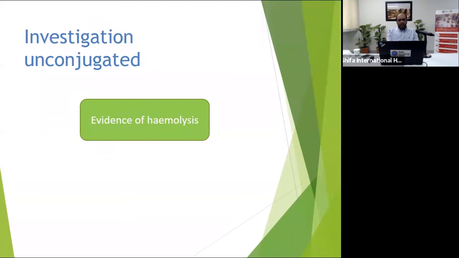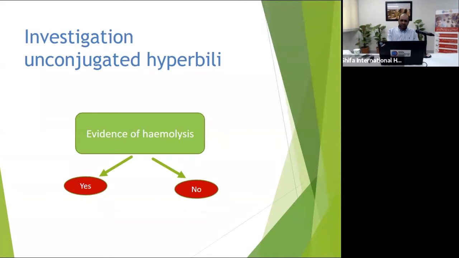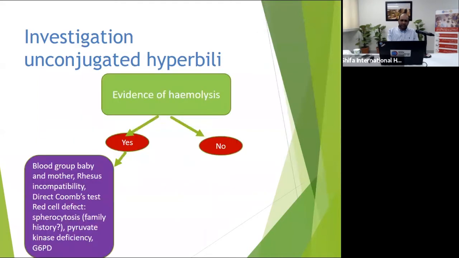So coming back again, as we see in this case, any baby with jaundice in the initial few days, we have to make sure, is there any evidence of hemolysis? If you see that there is evidence of hemolysis, then what will you do? You will see the blood group of the mother, you will check the blood group of the baby, you will do direct Coombs test.